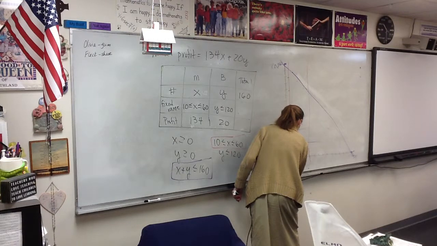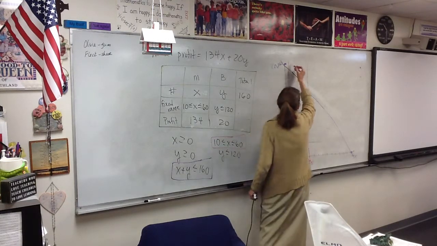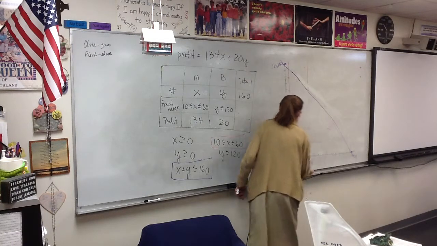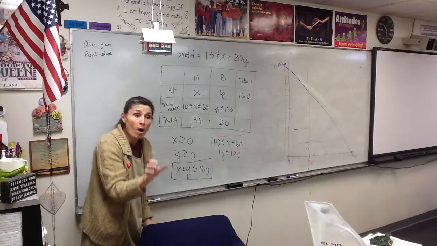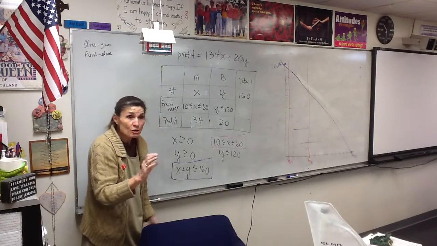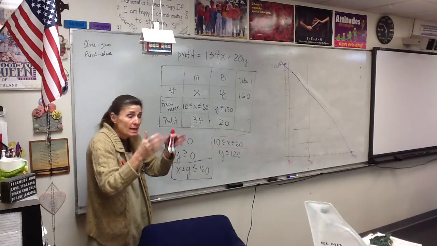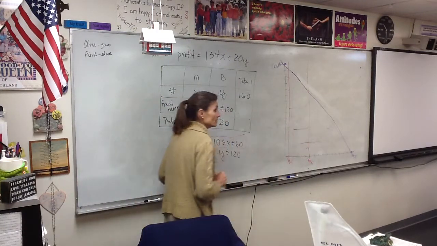And X has to be between there. So basically, I just have a vertical bar that says whatever points you're going to use have to be between 10 and 60. They have to be inside this red space.